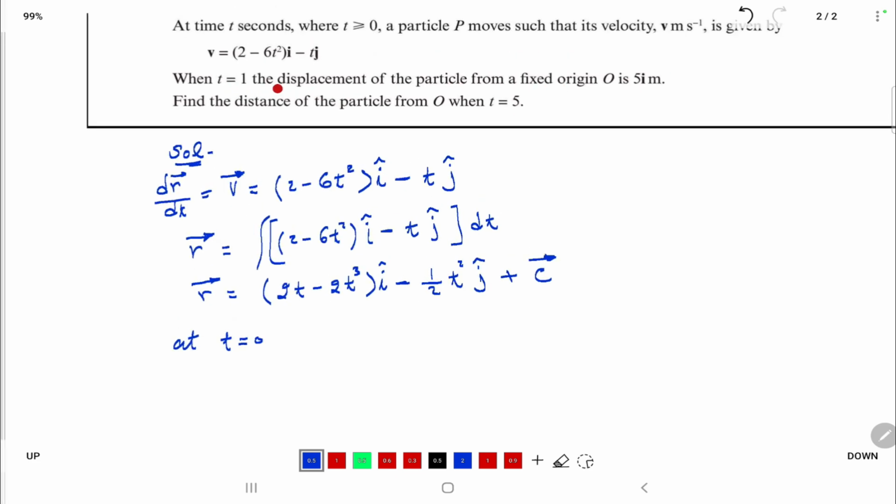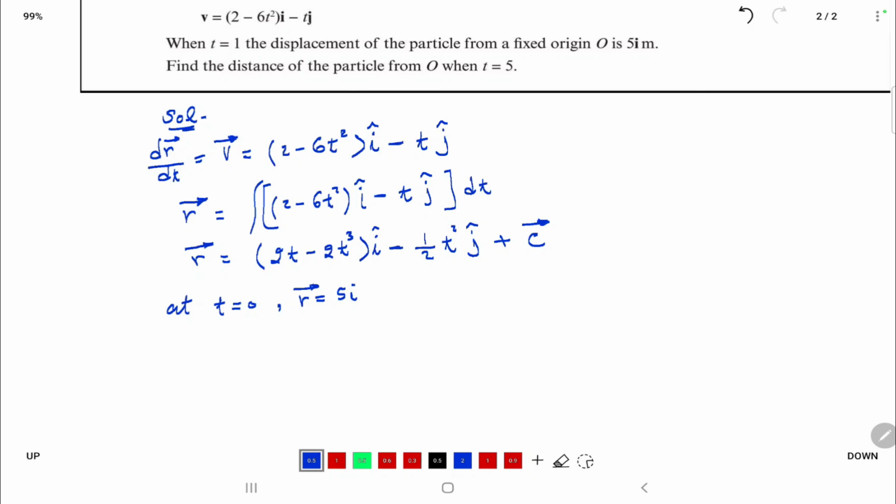Okay, at t equals 0, r equals 5i. So I'll plug r equals 5i and t equals 0 into this equation, substituting these values here.